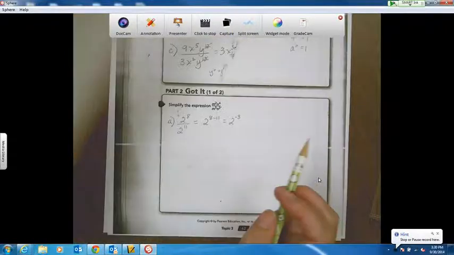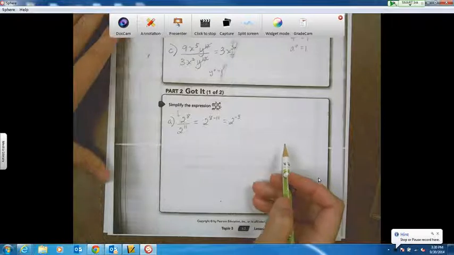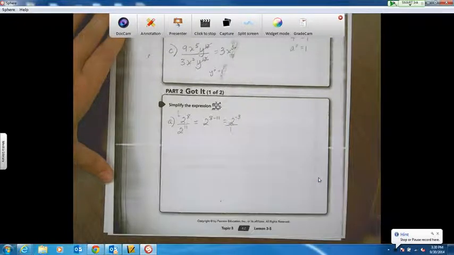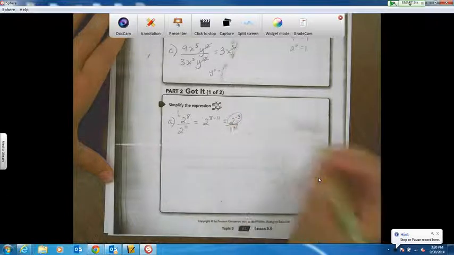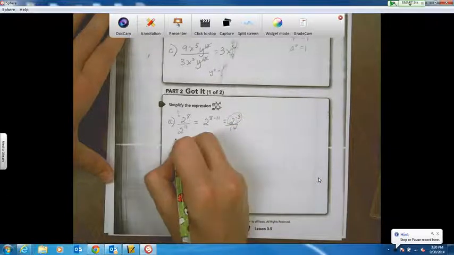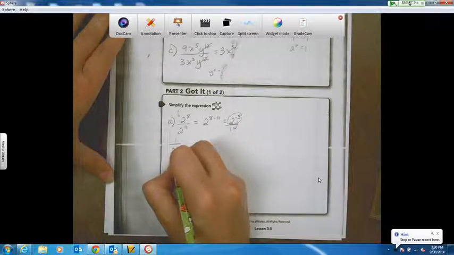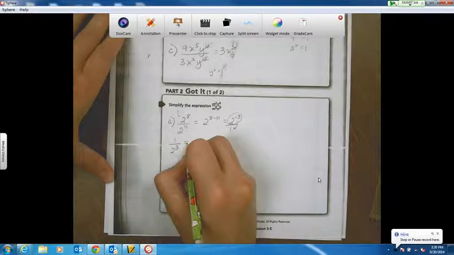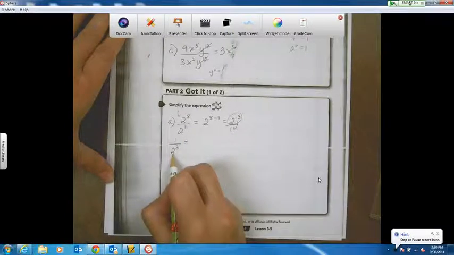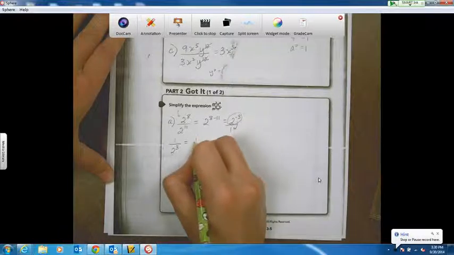So what I'm going to do is I call this moving it downstairs. So I have a fraction in disguise. I need to move this guy downstairs. So now this is going to be 1 over 2 to the positive 3 power, because now I made it into a fraction. And now I'm going to go ahead and do 2 times 2 times 2, which is 1 over 8. And that is my final answer.